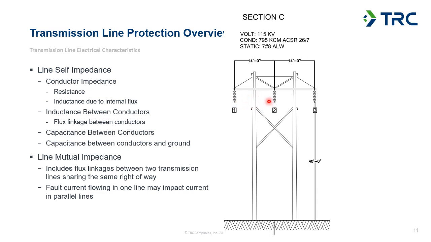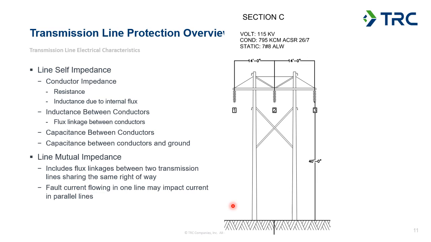So there's an amount of coupling that happens between the conductors on the three-phase system. We also have some capacitance effects as well. So we've got some capacitance between the conductors themselves, because again they're at different potential levels, and then we've got capacitance between the conductors and ground as well. That we have to consider.